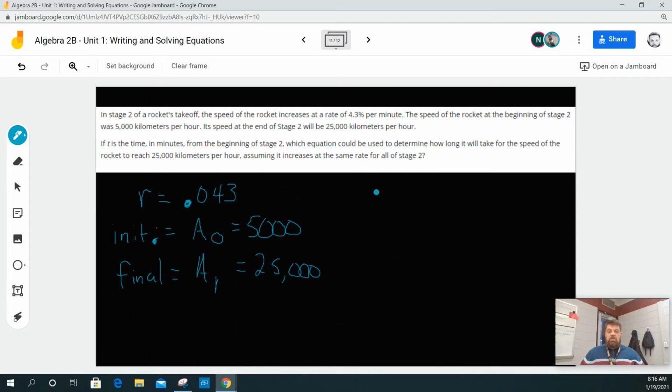So when you write it like this, you could think of the formula as being the final amount is equal to the initial amount times the quantity 1 plus the rate raised to the t for time.